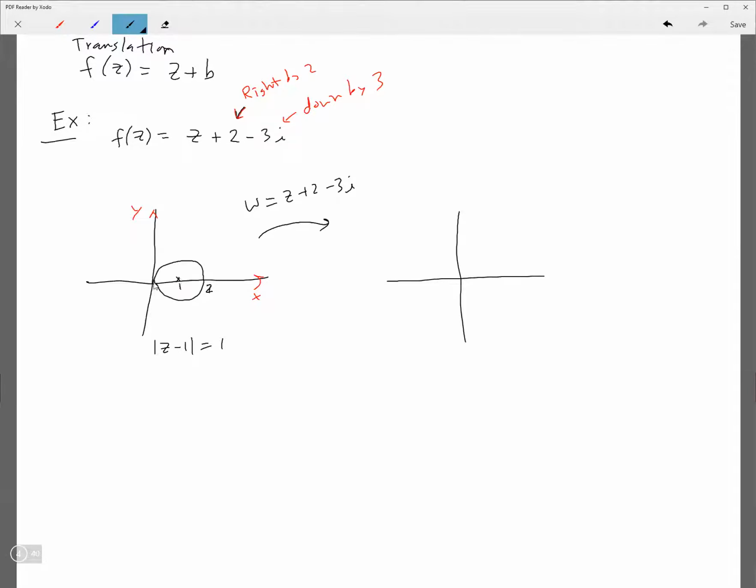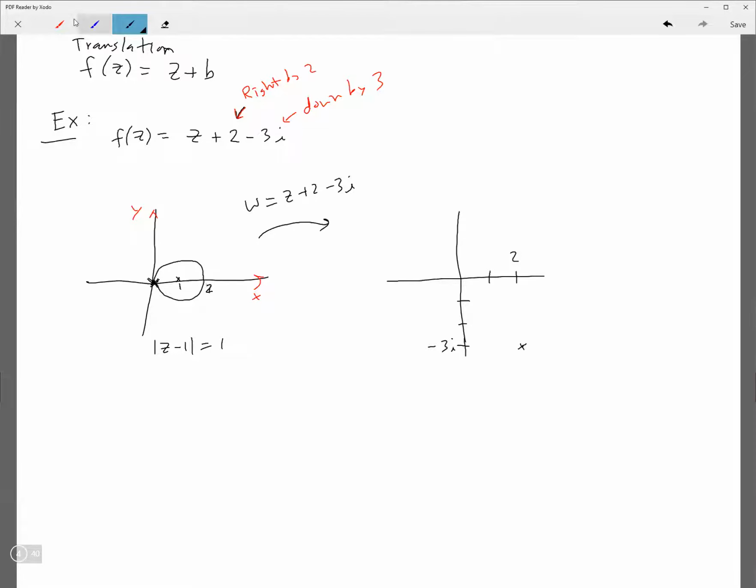So if we take the point 0, for example, that's going to go to 2 minus 3i. Okay, so let me mark this point with an X. That's 0. That's going to go to here.